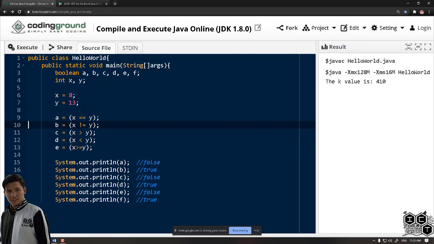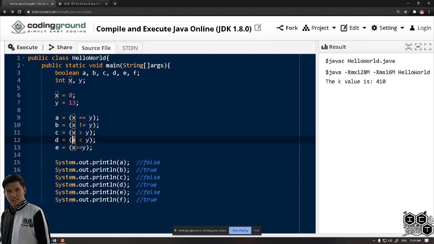The answer is yes, definitely. Is 8 greater than 13 for value of C? No. False. Is X or is 8 less than 13? Yes, ang sagot dito. Kaya, true.